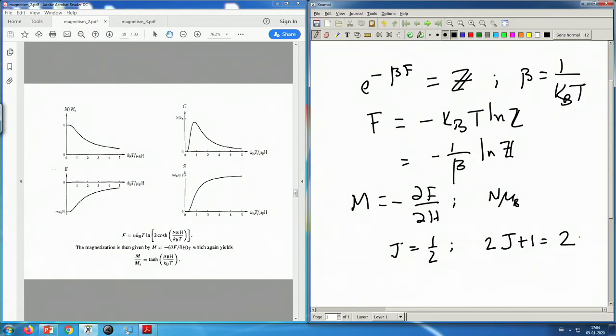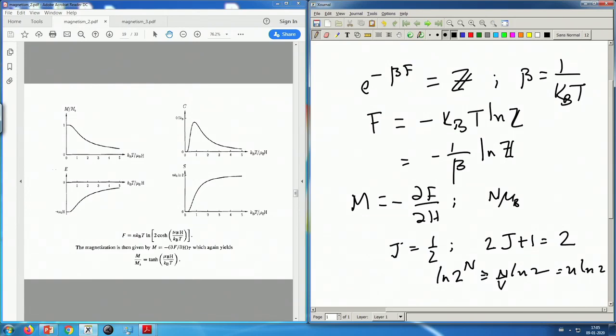So, every site, every magnetic moment, can take 2 values. Then the number of possible states at very high energies will be just 2 to the power N, and if you take a log of that, it will be just N log 2. If you divide this by volume, then the entropy density will be small n log 2, and that is exactly what you get, times of course k_B, you have to multiply by k_B, n k_B.